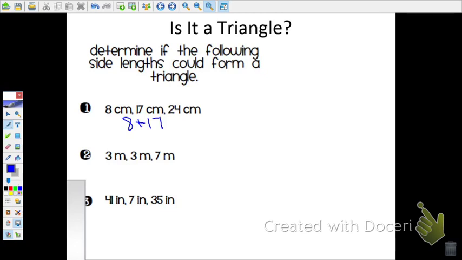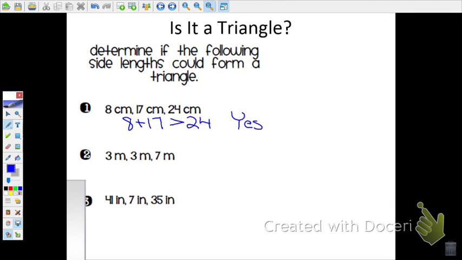What is 8 plus 17? 25. 8 plus 17 is 25, which is greater than 24. So this fits that triangle inequality theorem. The two sides added together is greater than the third side. So could these side lengths form a triangle? The answer would be yes.